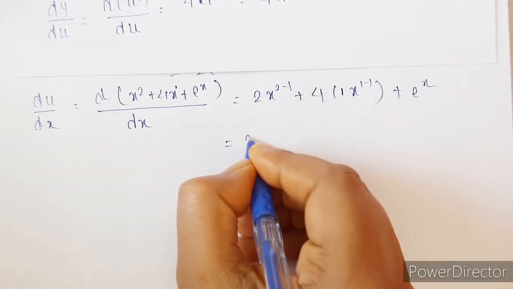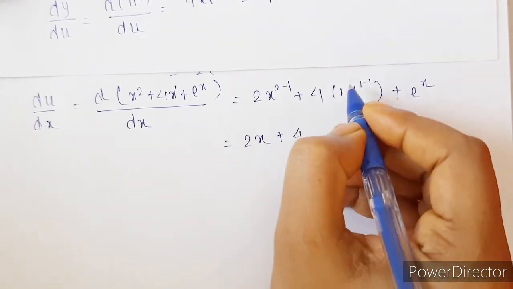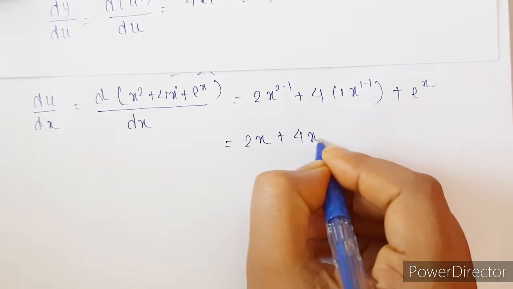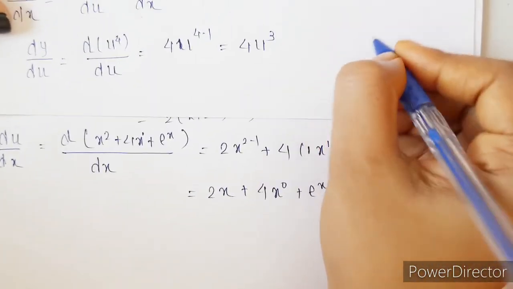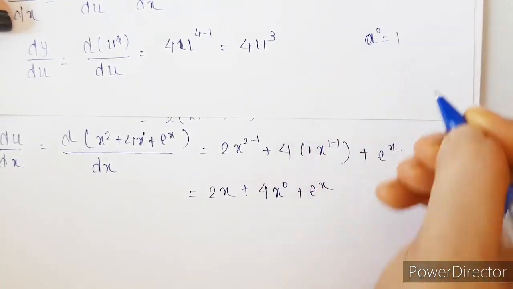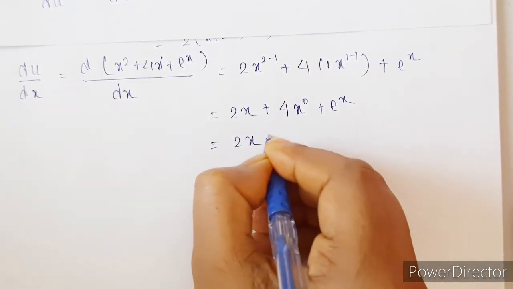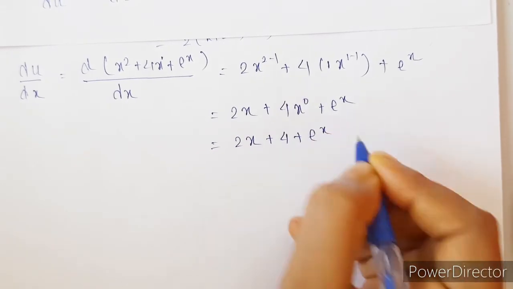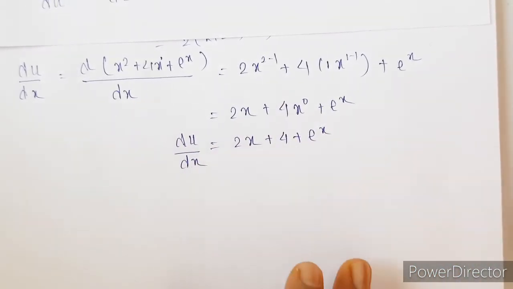Now this can be written as 2x raised to 2 minus 1, which is 1, plus 4x raised to power 0, plus e raised to power x, and we know that anything raised to power 0 is always 1. So we can write this further as 2x plus 4 plus e raised to power x, which is derivative of u with respect to x.